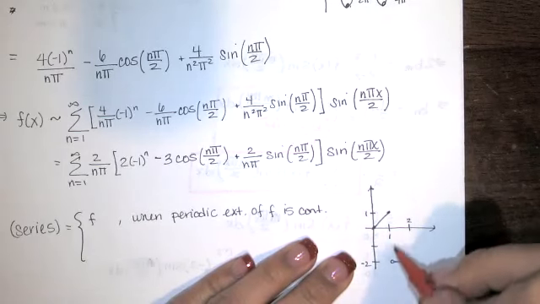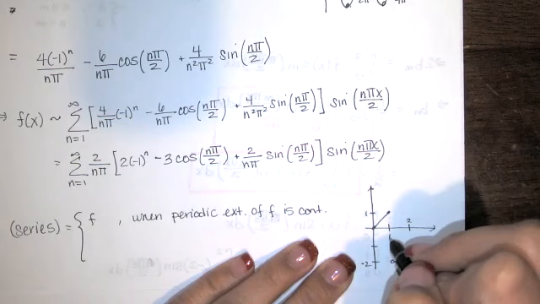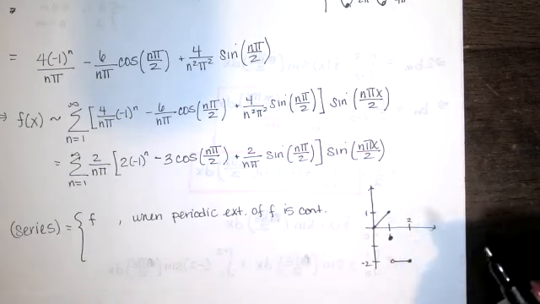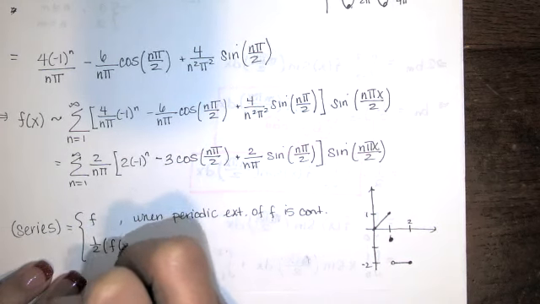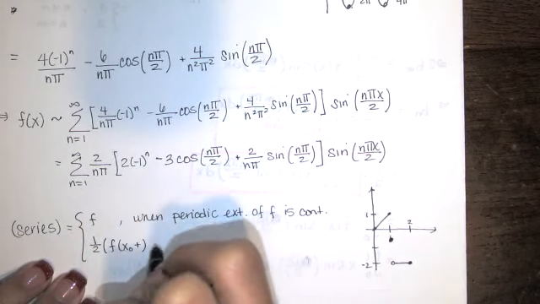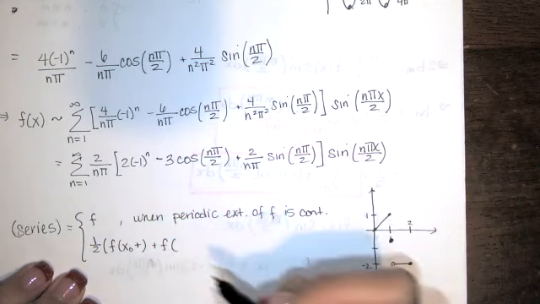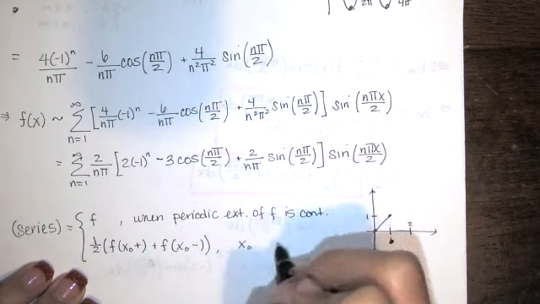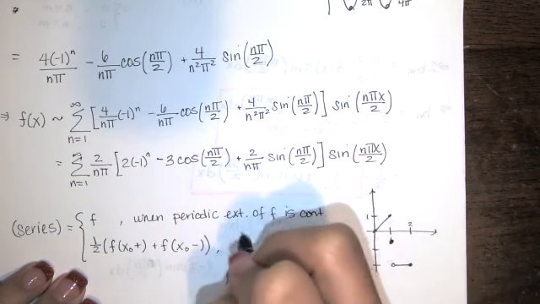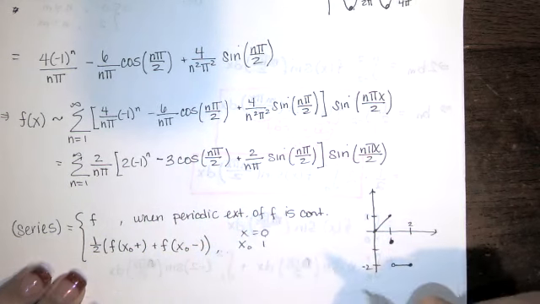We're bridging half the distance from there to there. And that's what we mean when we say that the series converges to this when x equals x naught is a jump discontinuity.